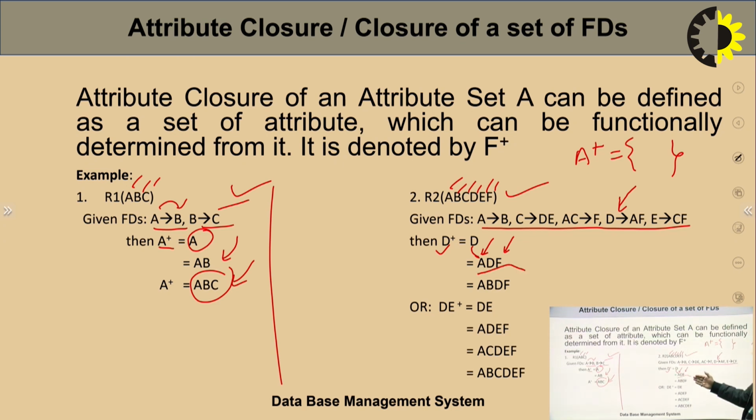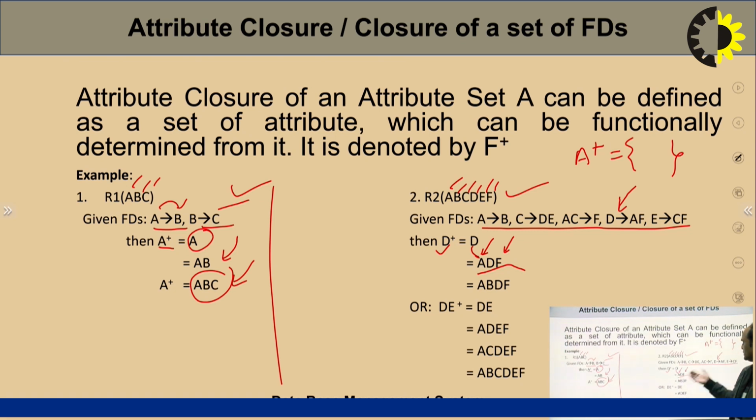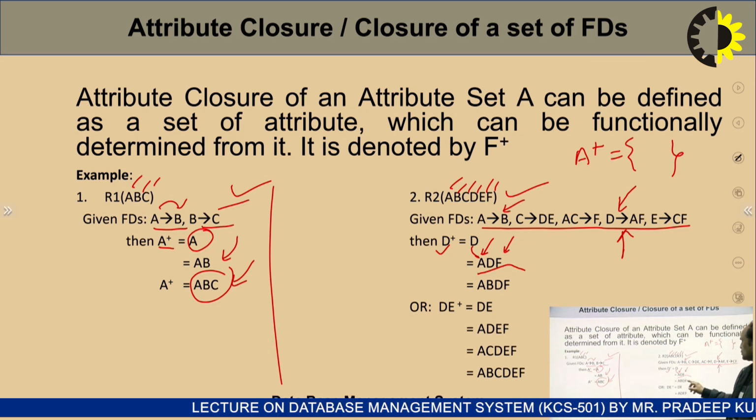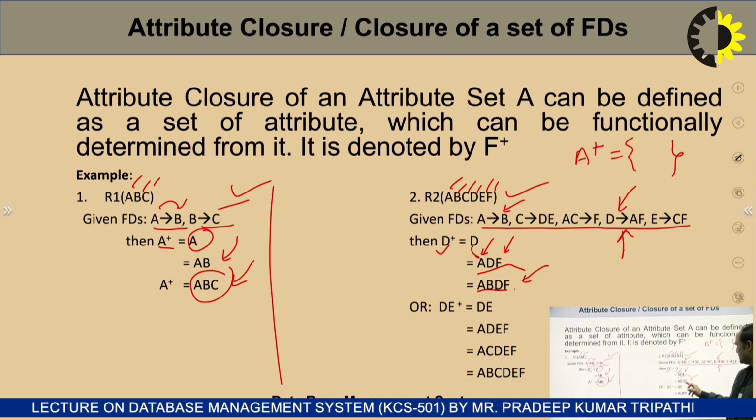Now with ADF, we can check other dependencies related to the attributes A, D and F. A tends to B is also used in this particular closure. So finally we add the attribute B, giving A, B, D, F.